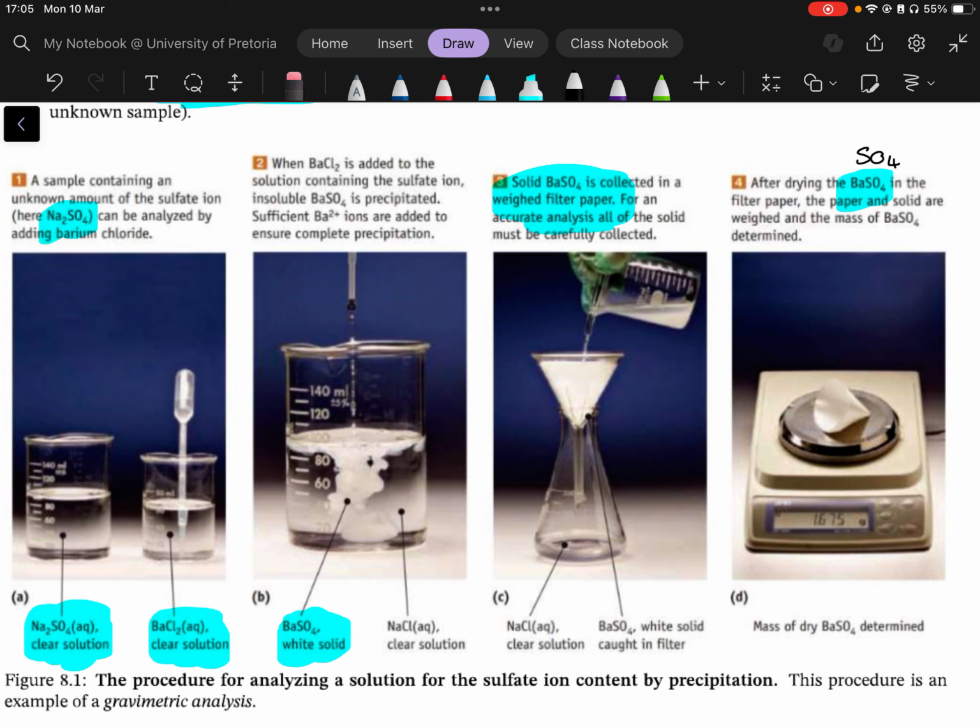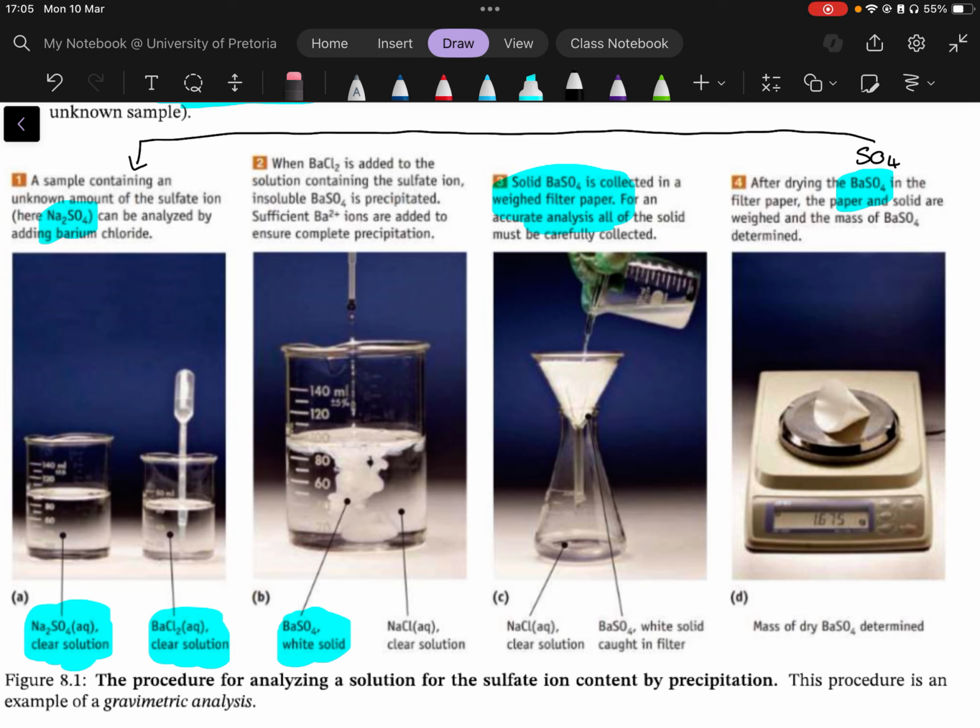So you know how much barium sulfate you collect at the end, so you can work all the way backwards and connect it to how much sulfate was present in the original sample, or in the original solution. And that can give you information about whatever you dissolved initially in this beaker at the very beginning.